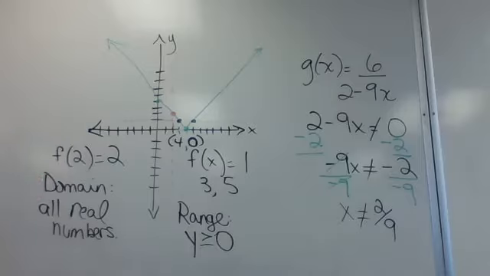All right, this next section is going to go back and do where it gives us two functions and either asks us to add them together, subtract them, multiply them, or divide them.